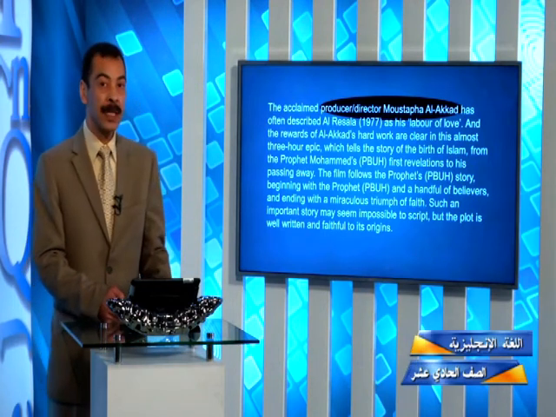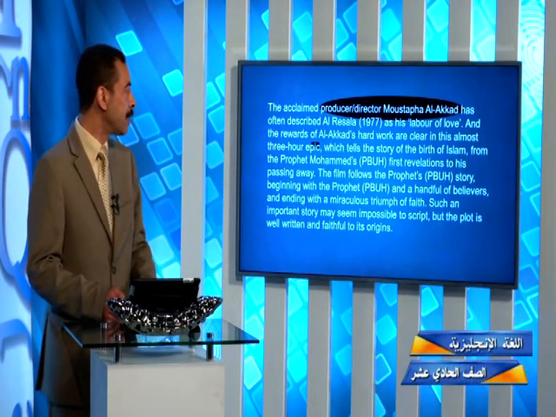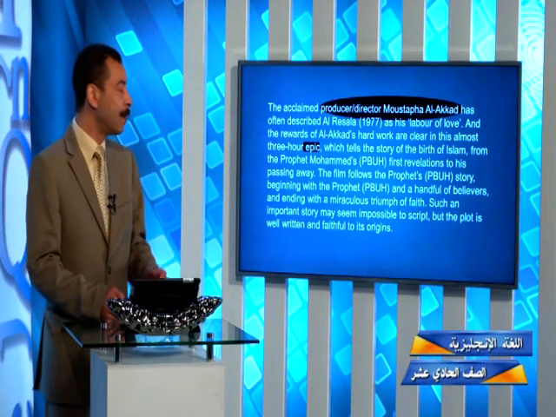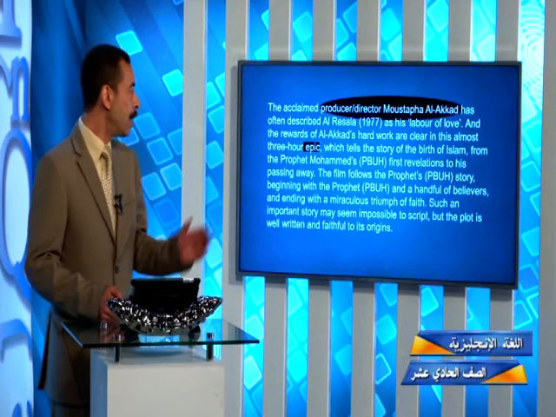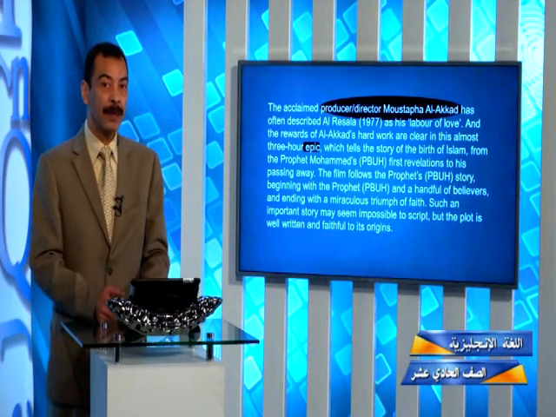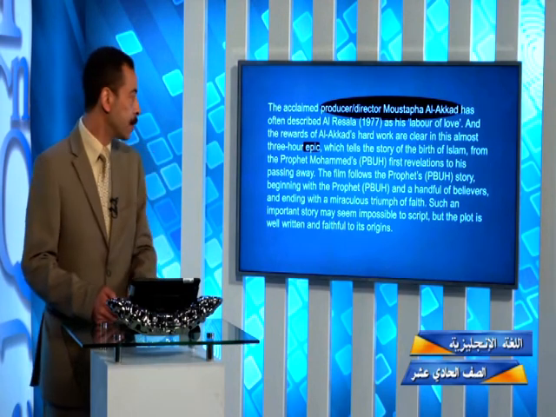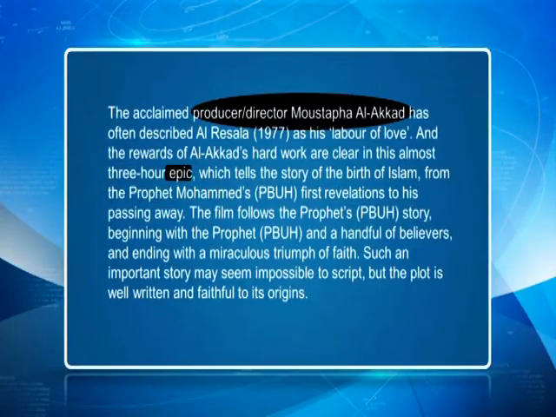And when was it filmed? As you see here, in 1977. Then what type of film is it? It is an epic. An epic that is about famous people, about people who made history, people who were brave and courageous. Okay, now we have the producer, we have the category.